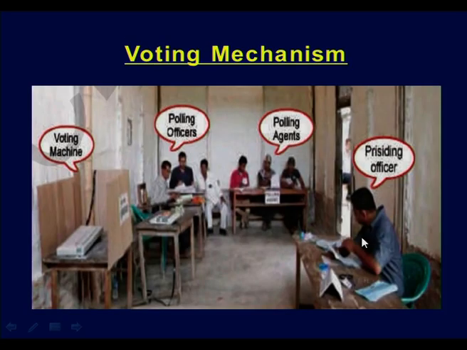Children, you can see the main polling personnel or the polling staff in this picture. The main person is the presiding officer, who is assisted by polling officers and polling agents, and here is a voting machine.